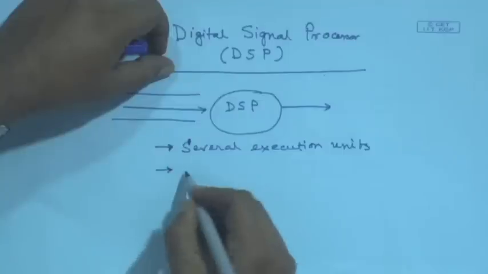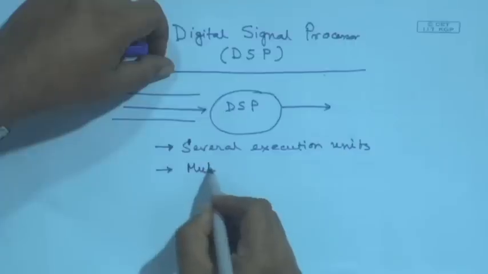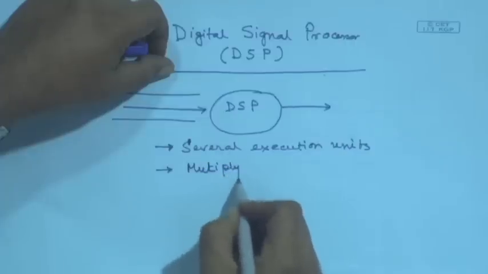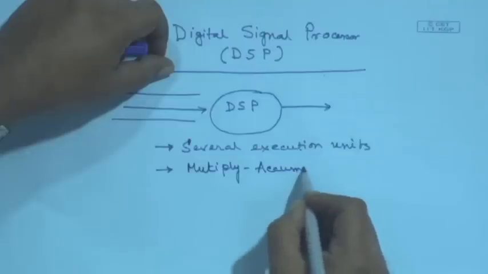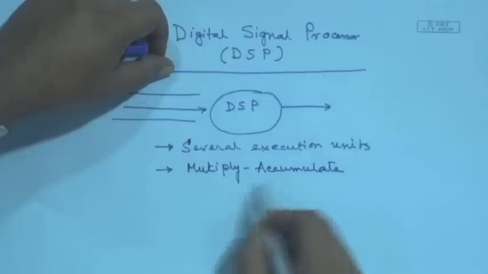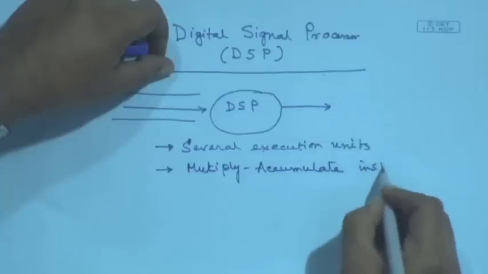One very important instruction in its instruction set is the multiply accumulate instruction.